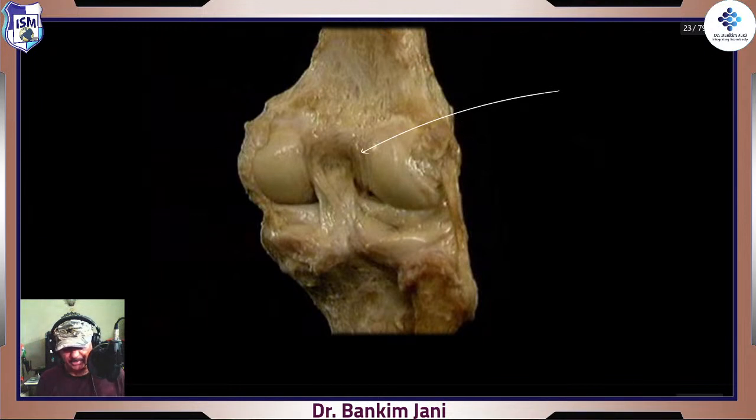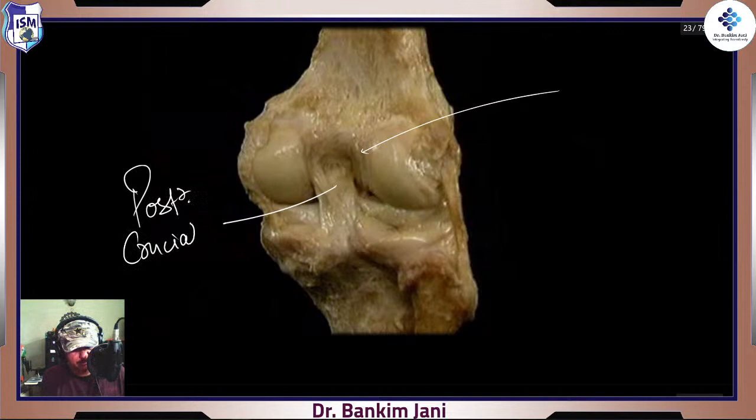Because this smart one is the posterior cruciate ligament, over here there is so much dominance of this posterior cruciate ligament. So this poor anterior cruciate is very shyly attached to this portion.